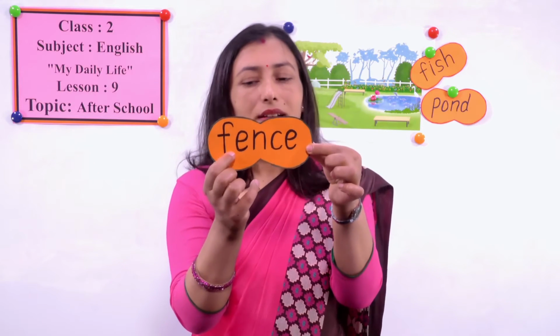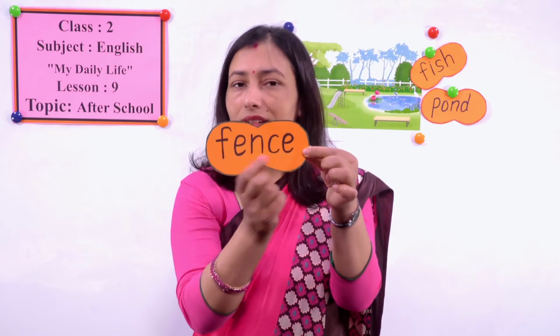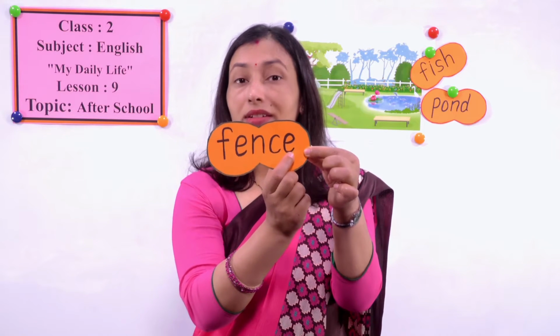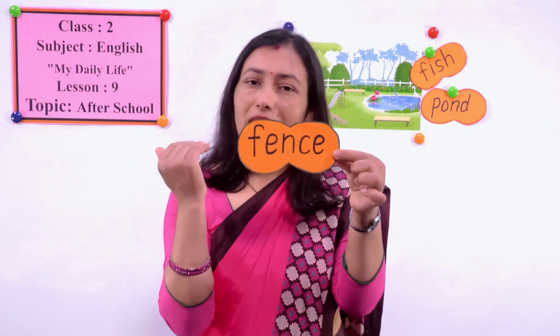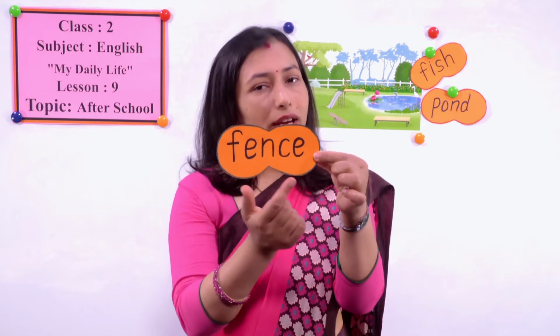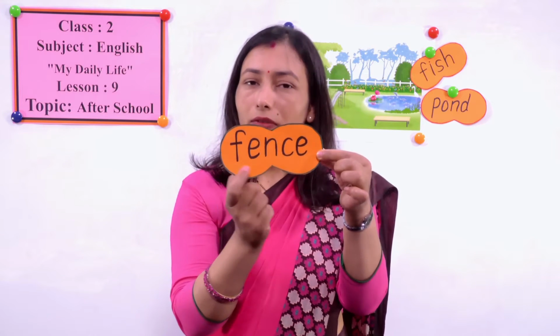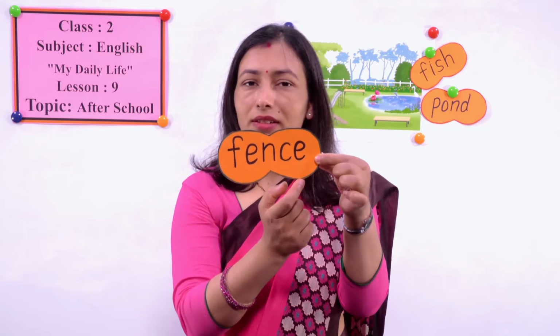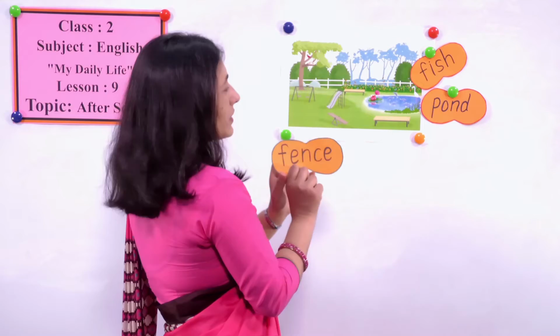Now, look at another word. F-E-N-C-E. How do you read the word? Fence. Repeat after me. Fence. One more time. Fence. Good. Now, let's find the fence.